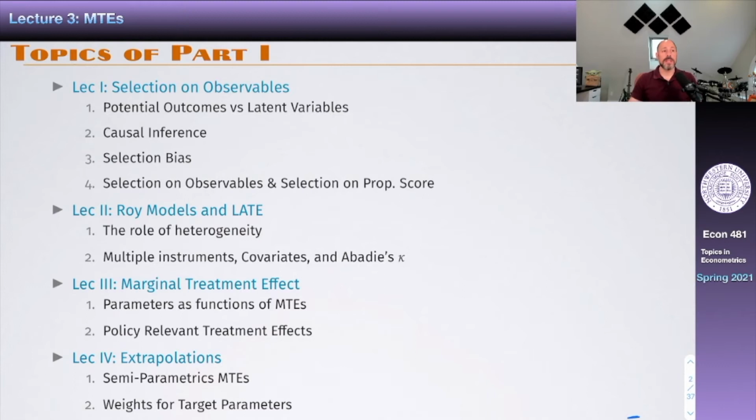So again, in this first part of the class, we're going to have 4 basic lectures. We added a 5th one that we're going to discuss later, but right now we are in the third one, where we're going to talk about marginal treatment effects.